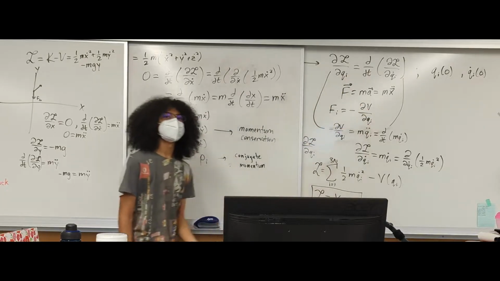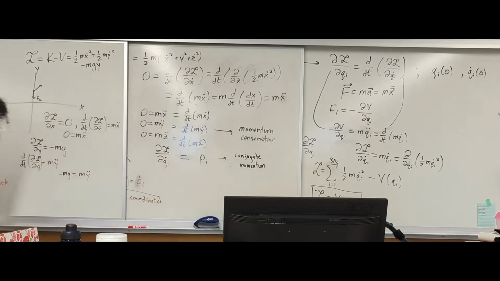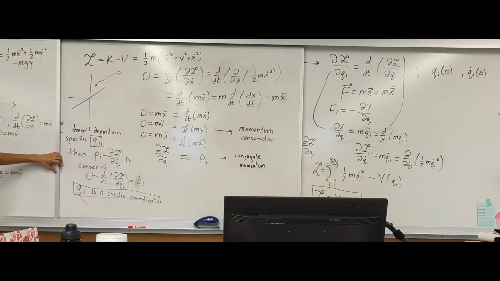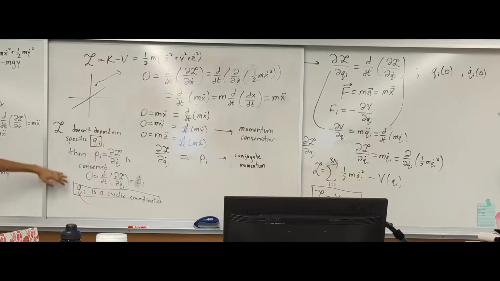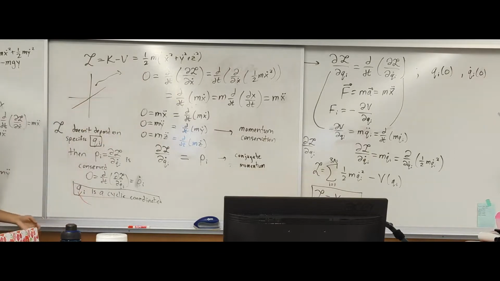Why don't we just use Newton's laws? The answer is, well, we've seen one example in which it becomes really easy to identify conserved quantities in this Lagrangian framework. If the Lagrangian doesn't depend on a specific coordinate, then this conjugate momentum is automatically conserved.